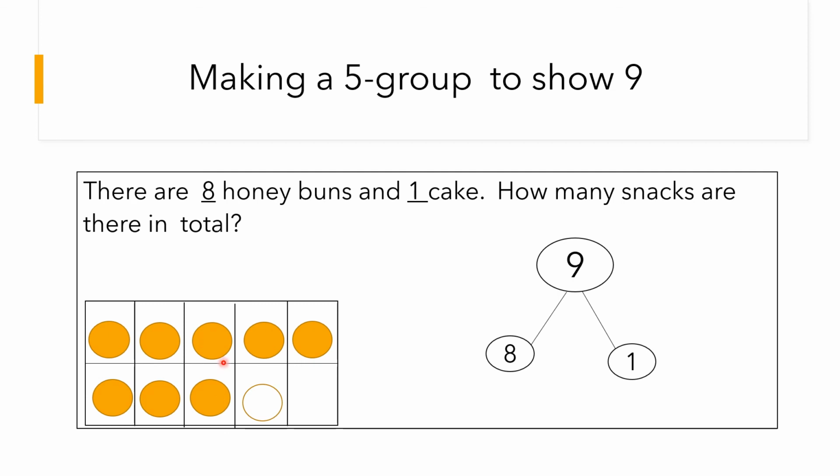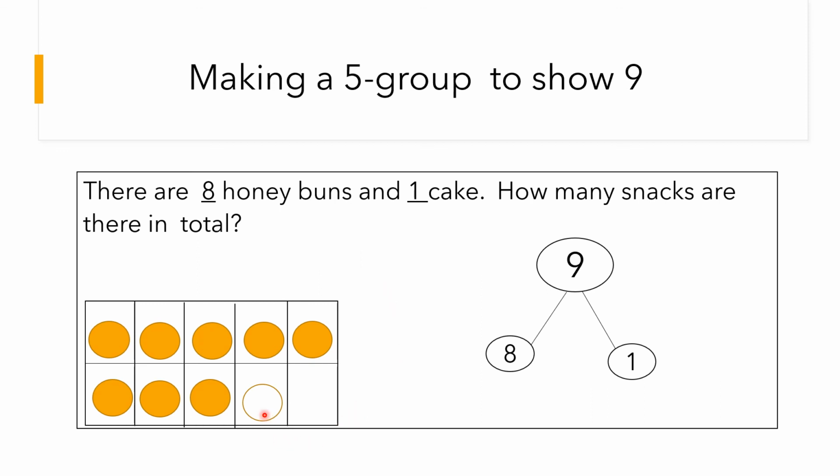Next number in our story was the number 1. There was 1 cake. We want to add this to our 5 group table, but we want to make sure that we make it look different than our 8 honey buns so we can see the 2 parts in our story.